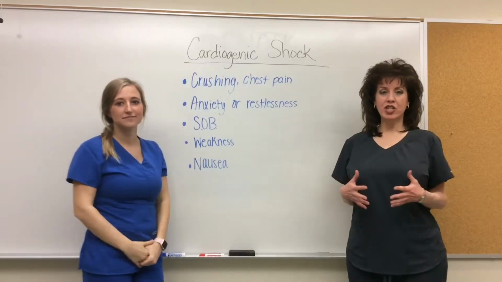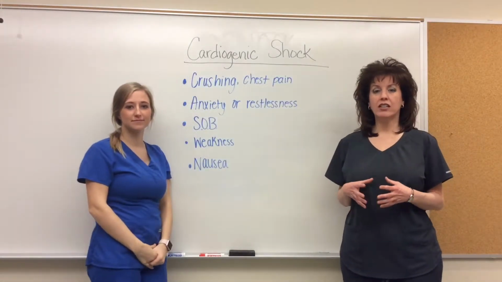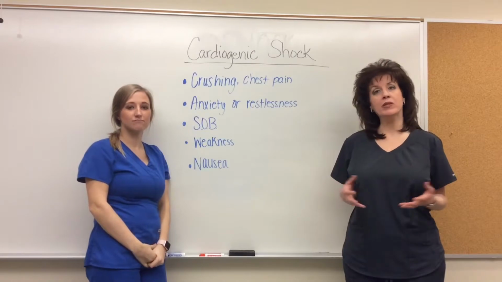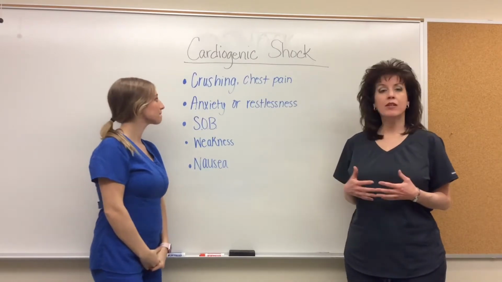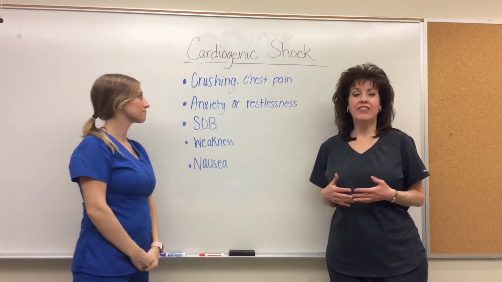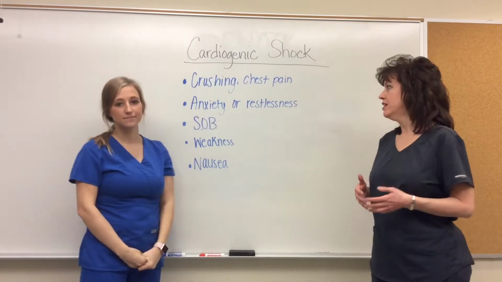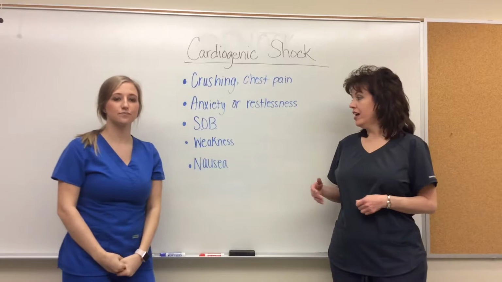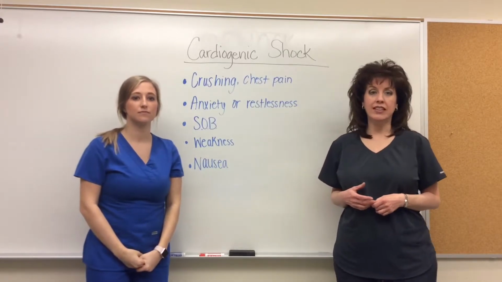So what does a patient in cardiogenic shock look like? How are they going to present themselves? They can present with crushing chest pain, anxiety or restlessness, shortness of breath, weakness, and even nausea.